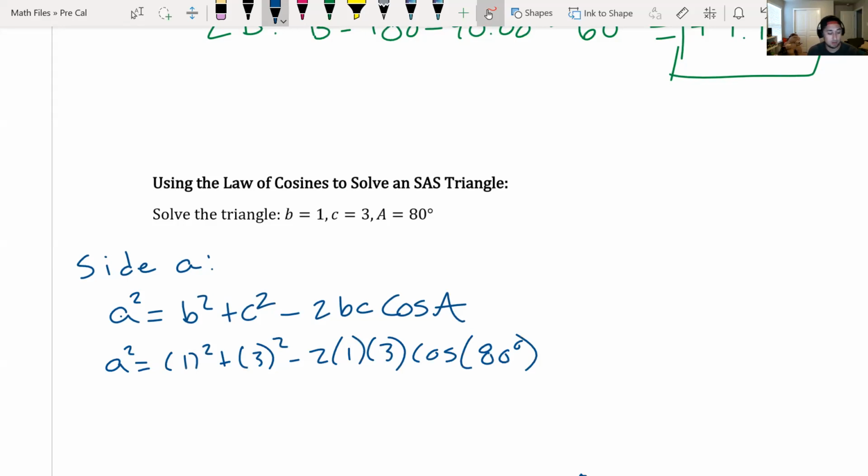Okay, let's see what we have. 1 squared plus 3 squared minus 2 times 1 times 3 times the cosine of 80. And we get that A squared is 8.96. Then square root your answer. And we get that A is 2.99.